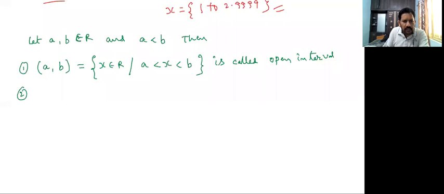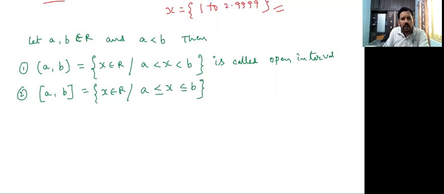Now the second point: closed a comma b. Observe the difference. What is open, what is closed? x belongs to R such that a is less than or equal to x, which is less than or equal to b. Observe both differences. If an equality symbol is there, you will get closed, otherwise open. It is called a closed interval.